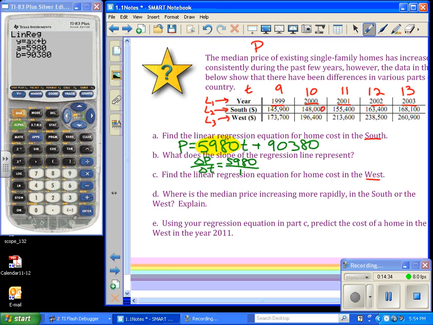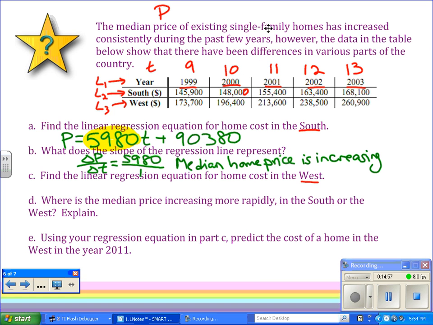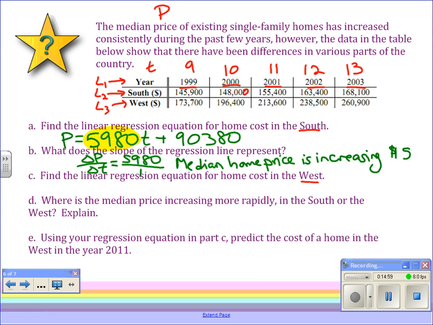So it's increasing because it's positive at a rate of 5,980 per 1 year. So I have to write what we're talking about. Median home price is increasing $5,980 per year.